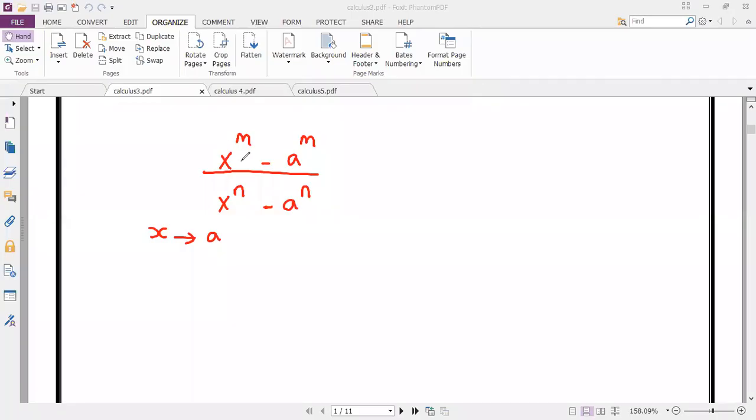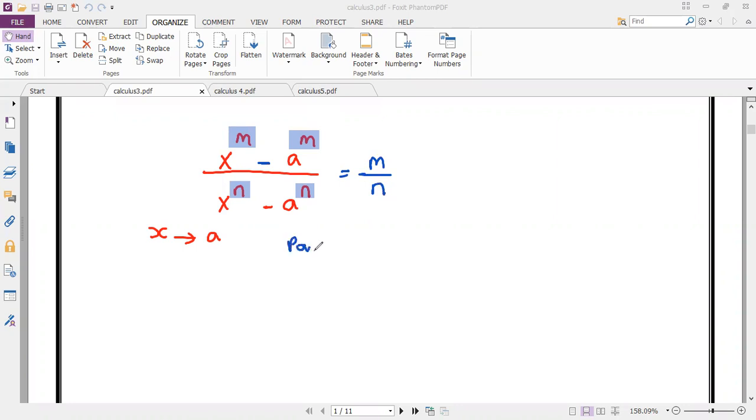Here we have x to the power of m minus a to the power of m. So we have a negative in between them, and the power here is the same as the power here, so it's m and m. And down we have x minus a, and the power here is n. So what is the law? You will divide the power by the power, m divided by n.